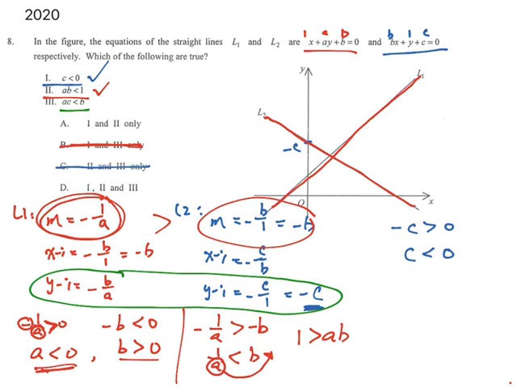We need to compare two things. Let's see the y-intercept. For line 1, the y-intercept is here, and the y-intercept for line 2 is here.